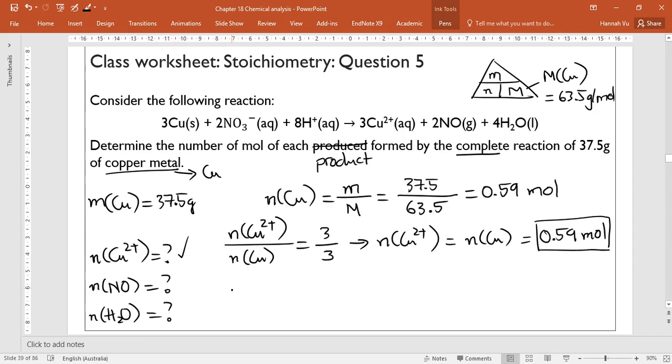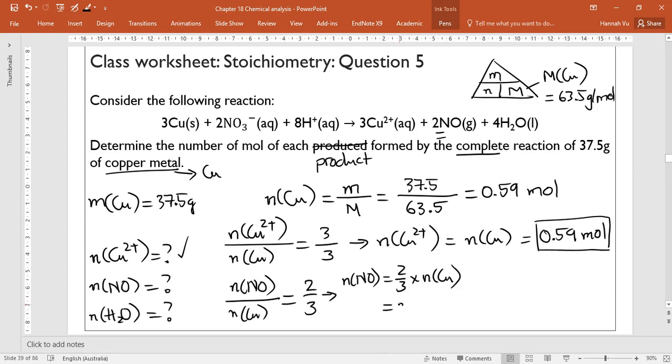Second one, number of mole of nitrogen oxide. So NO over copper, NO is 2 to 3. Rearrange. So we have, let's hope I have enough room for the third one. Alright, we're gonna need to squeeze this in. N of NO is going to be 2/3 of the number of mole of copper.